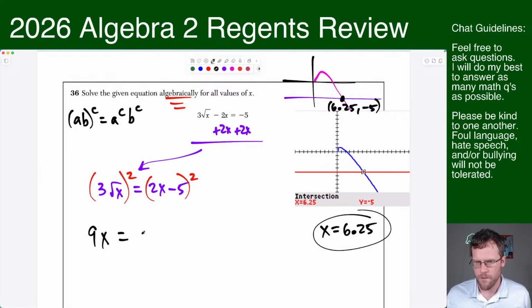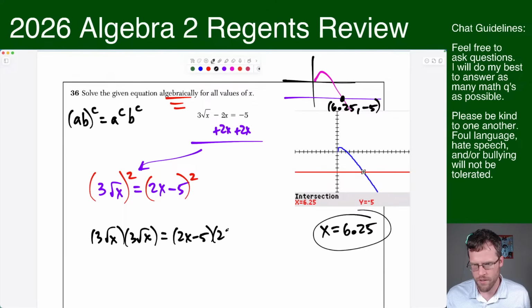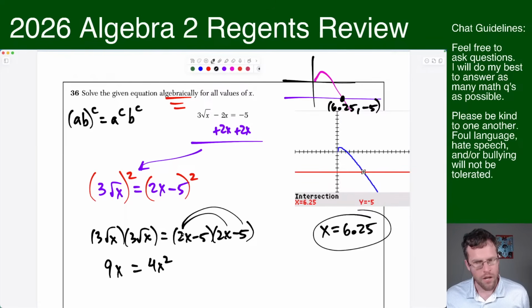What you're really doing is, maybe I'll write it out like this. I'll say 3 radical x equals 2x minus 5, 2x minus 5. This might make more sense. So then 3 times 3 is 9, root x times root x is x, equals, this is 4x squared. Don't forget the outer and inner. 2x times -5 is negative 10x, minus 10x, and then plus 25.